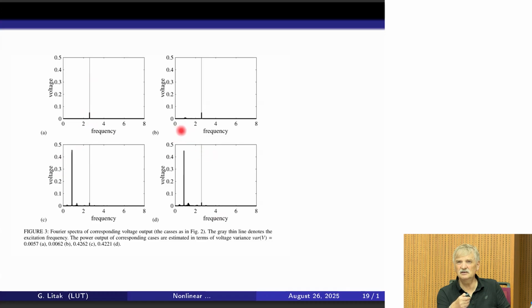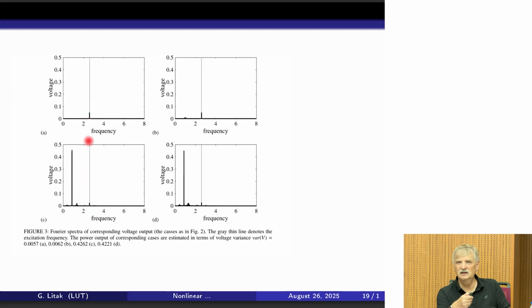And you increase the noise, and something is happening here, but it is not very large, so you still have a leading frequency like the excitation frequency, and then you switch to large amplitude, because this is also a measurement of the amplitude.